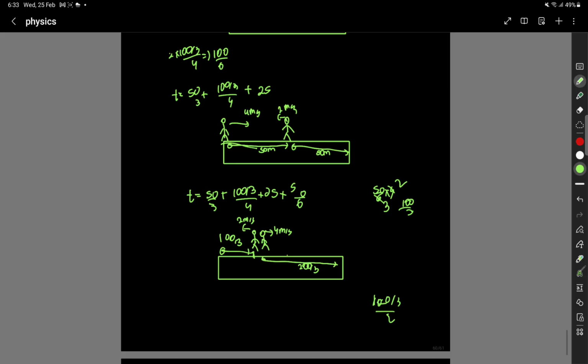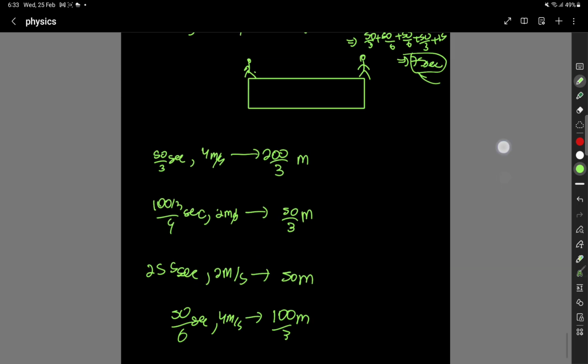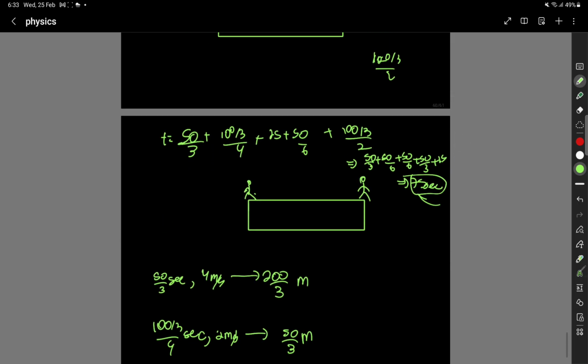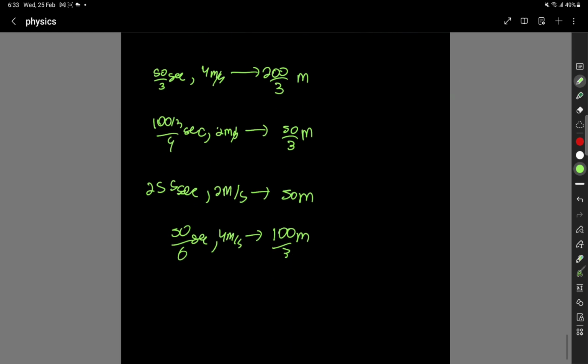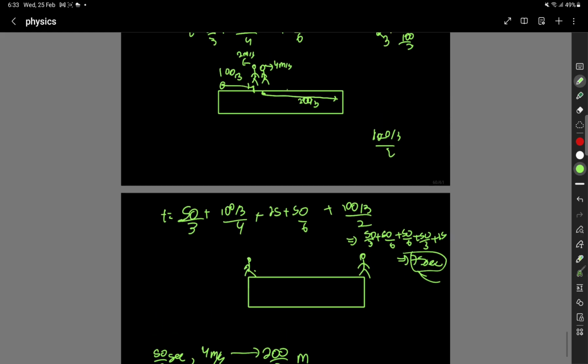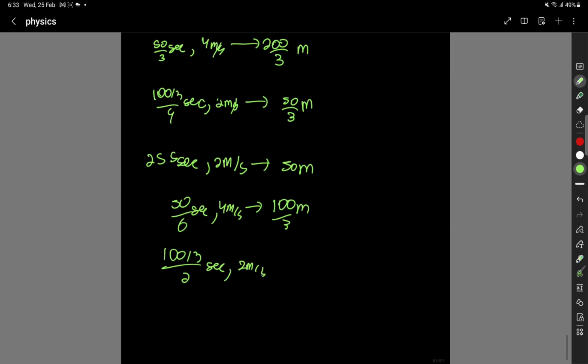Then for the next 50 by 6 seconds he travels at 4 meters per second. That comes out to be 100 by 3 meters. And finally for 100 by 3 by 2 seconds, he travels with a speed of 2 meters per second, which is 100 by 3 meters.